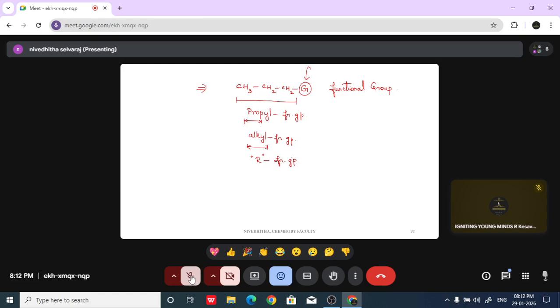Now we're going to see different types of functional groups. I have my alkyl group, which was initially an alkane, from which I've removed one hydrogen. Instead of that hydrogen, I'm going to add an atom. I want you to tell me how many unpaired electrons and how many paired electrons there are.